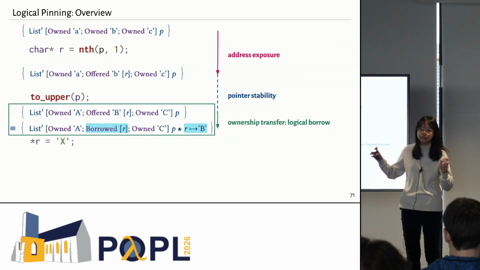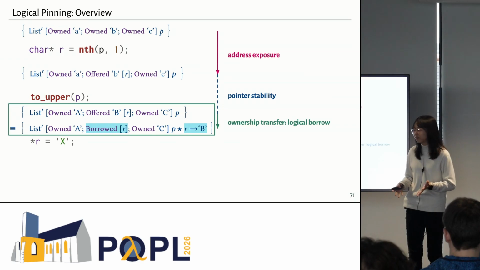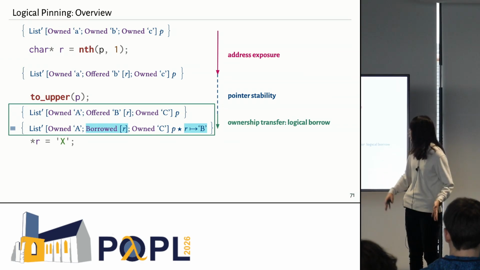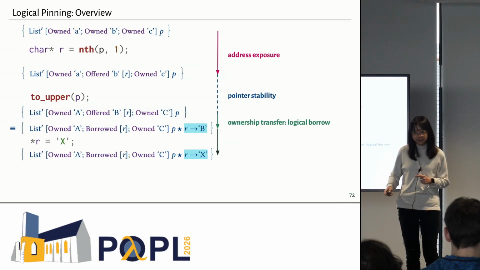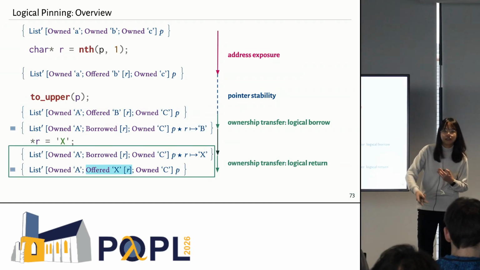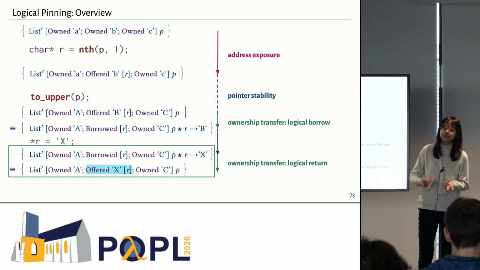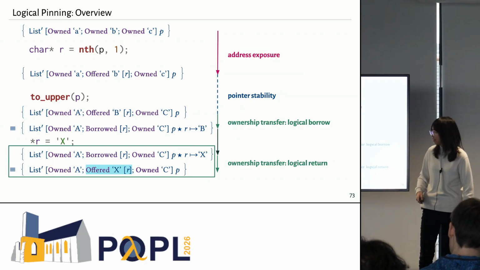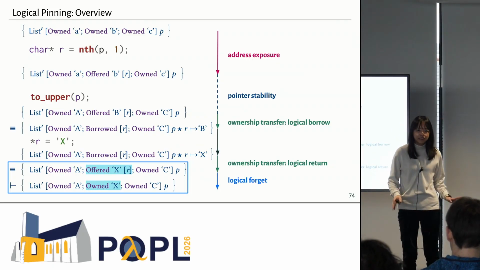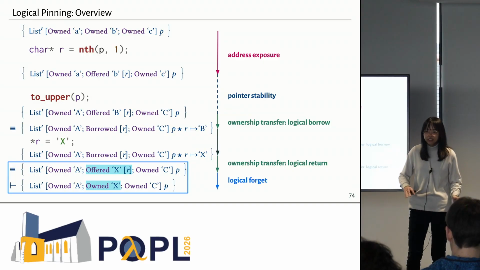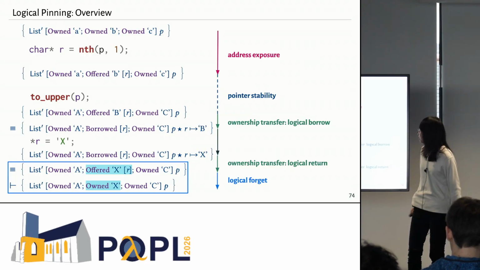We call it a logical borrow, to detach the ownership of the element B out of the list. And then after the local reasoning, we can do the revert of logical borrow. We call it a logical return, to put the element back. And then after all of this, if we don't need R anymore, we can do a logical forget to forget about the exposed location R.